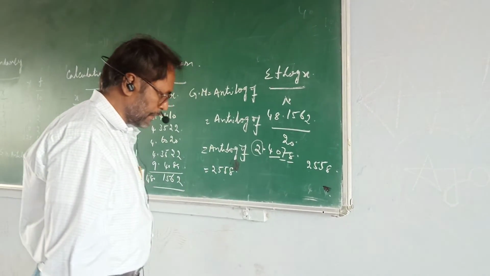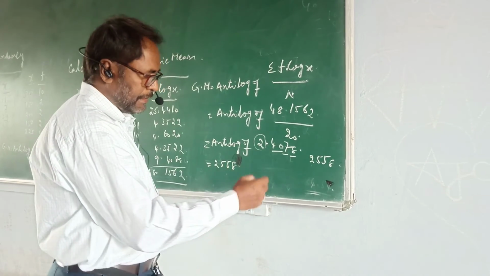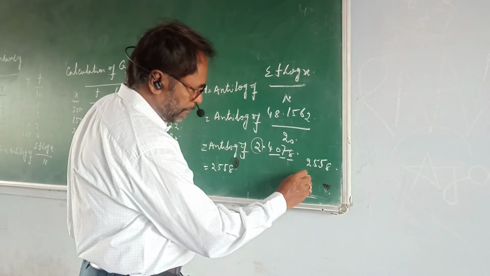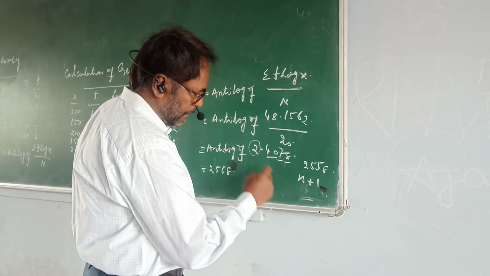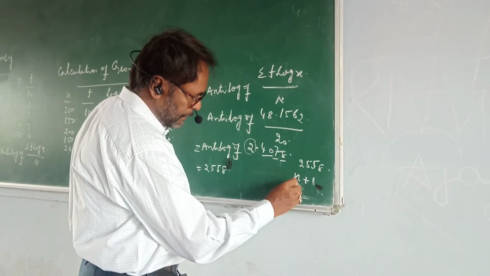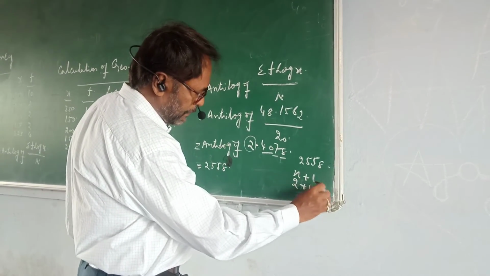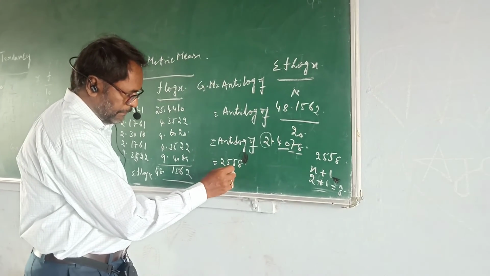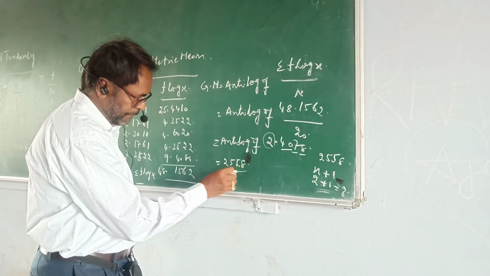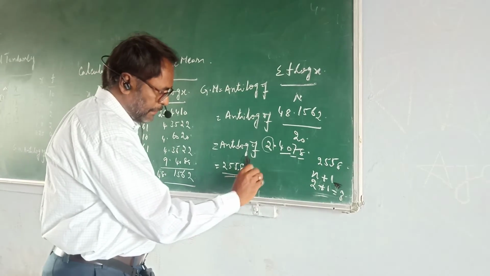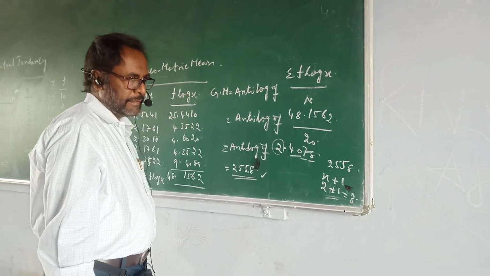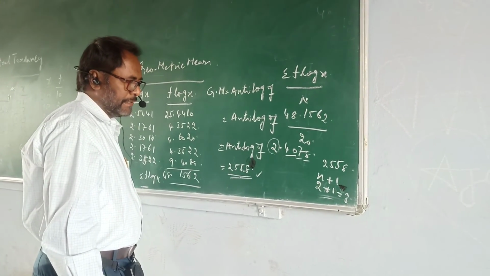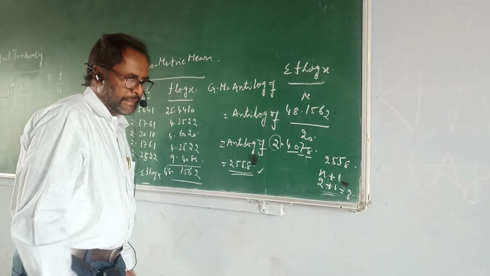These values we got. Now in the case of antilogarithm, n plus 1. So n is 2. 2 plus 1 is equal to 3. Therefore, after 3 values, put a point here. This is the answer under geometric mean, under discrete series.